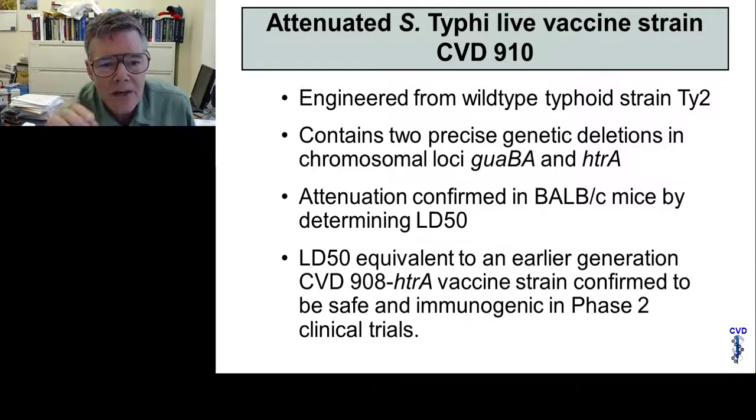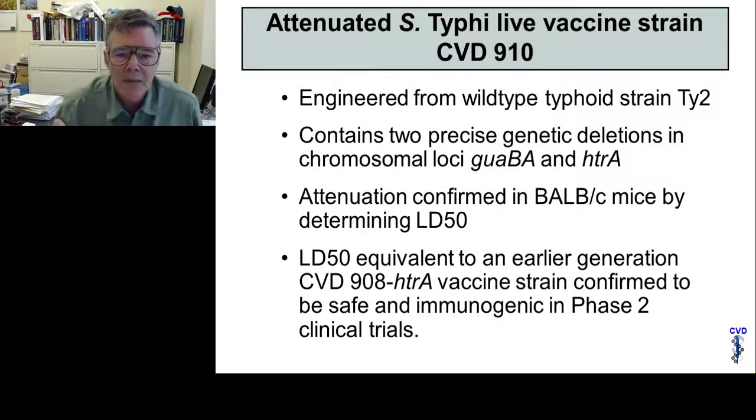Okay, it's engineered from the same wild-type typhoid strain, Ty2, as CVD908-htrA came from, and also the currently licensed typhoid vaccine strain, Ty21a, comes from the parent strain, Ty2. Okay, CVD910 contains precise genetic deletions in chromosomal loci, guaBA and htrA.